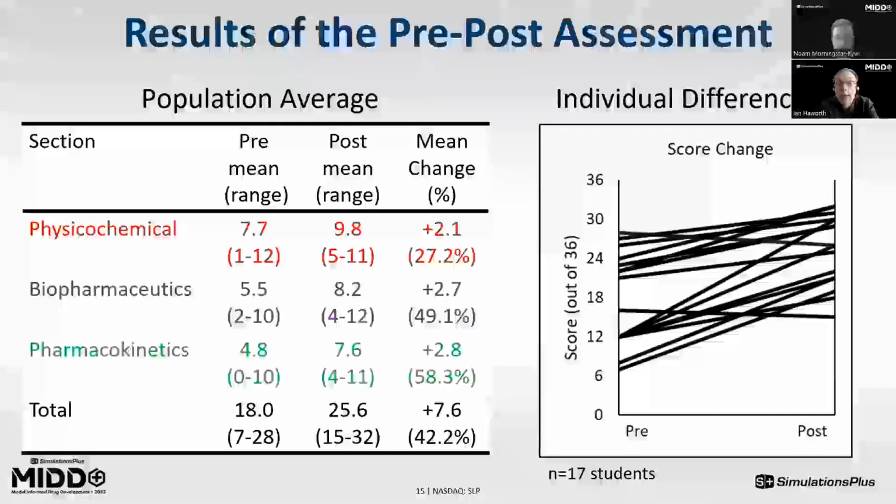We then had another group of students who were scoring 12 or less pre-course, and we saw much greater improvement for those students. So the conclusion there is that the course is applicable both to students with already a relatively sophisticated understanding of the material, and also to those who perhaps have less understanding. So this was a reassuring result.